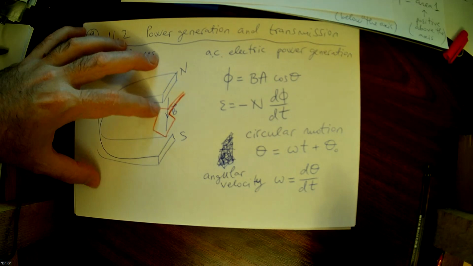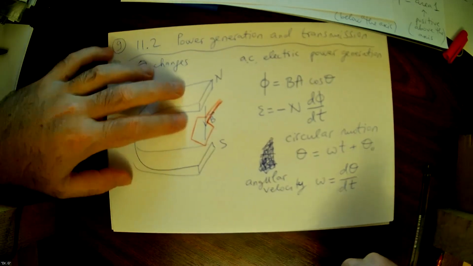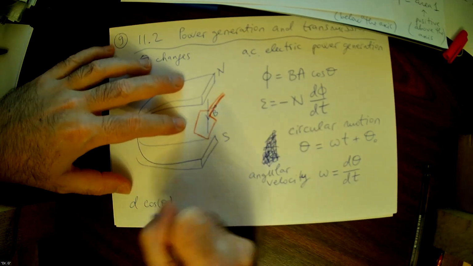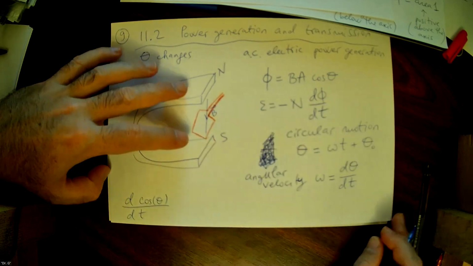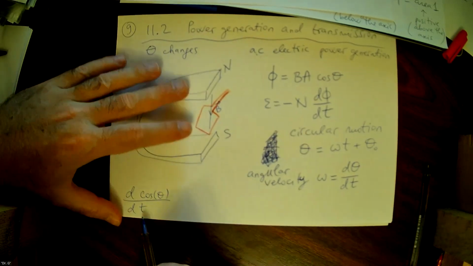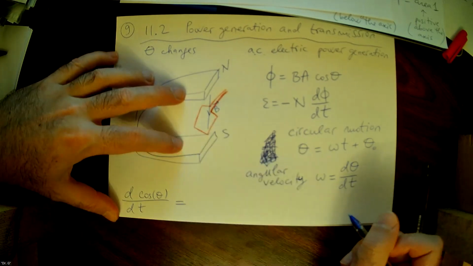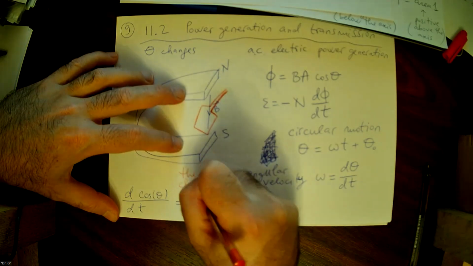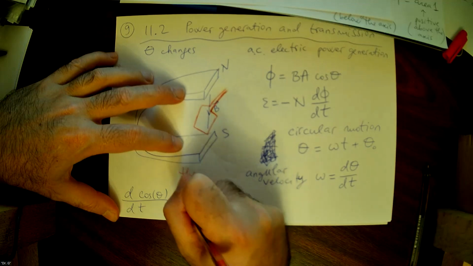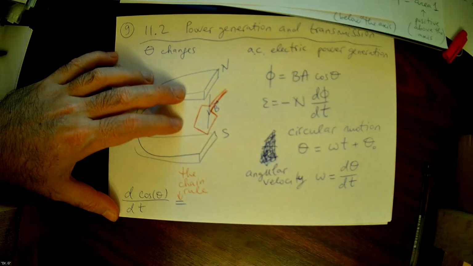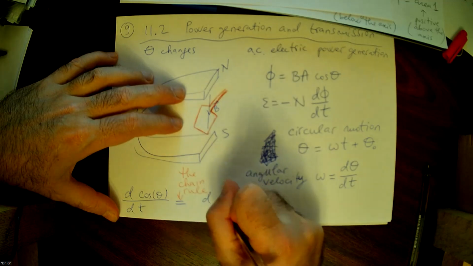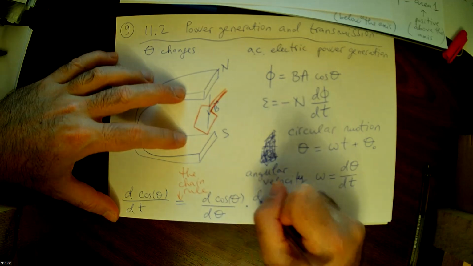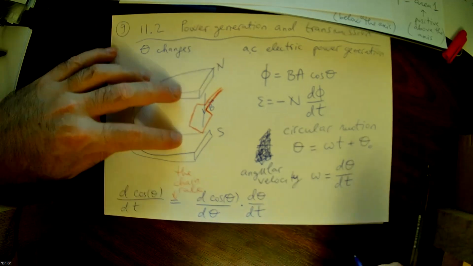Okay, so now we can calculate the derivative of cosine theta as a function of time, d cosine theta over dt. I used the chain rule, yeah? The chain rule from calculus. And I get d cosine theta over d theta times d theta over dt.